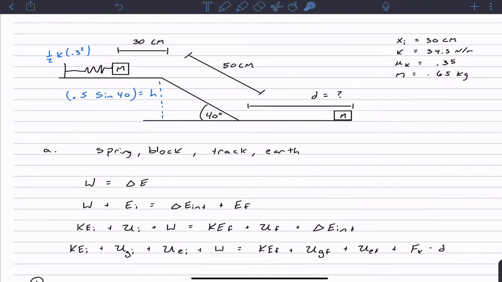So once again, just to be clear, initial energy is, in fact, the potential of gravitation and the potential of the spring. The block is this height above the horizontal down here, so this is mgh, and we have the spring potential here, okay? It's going to travel, and it has this dissipative force going along the surface.